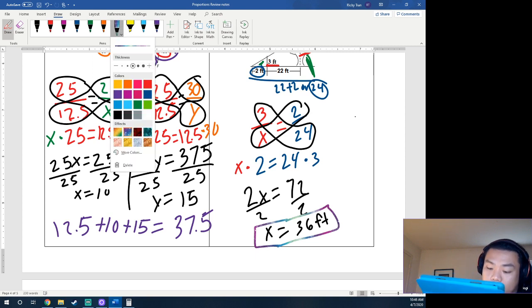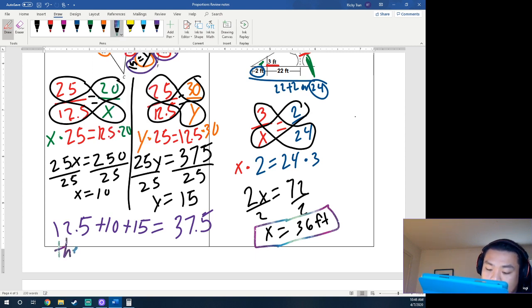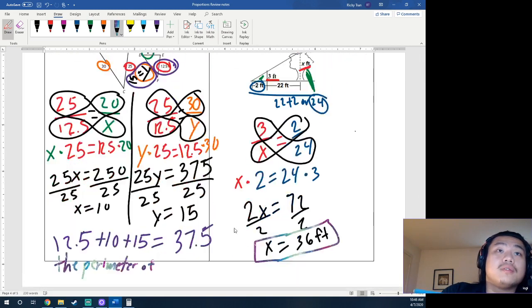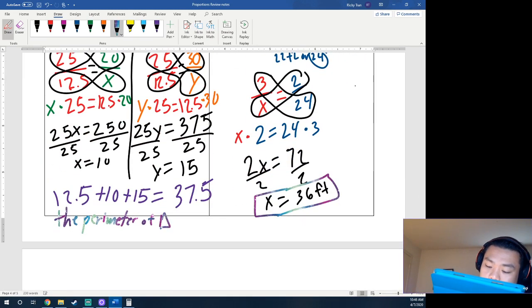Okay, so your answer is going to be the perimeter of triangle DEF is equal to 37.5. And let's change this color. I don't like this color.